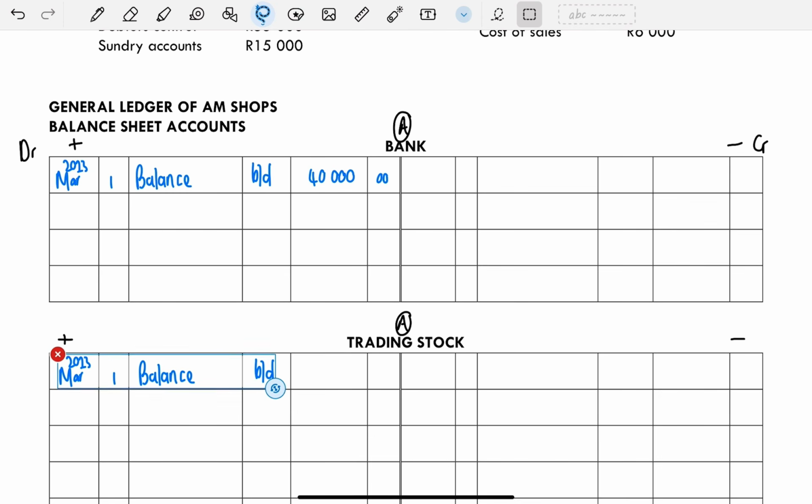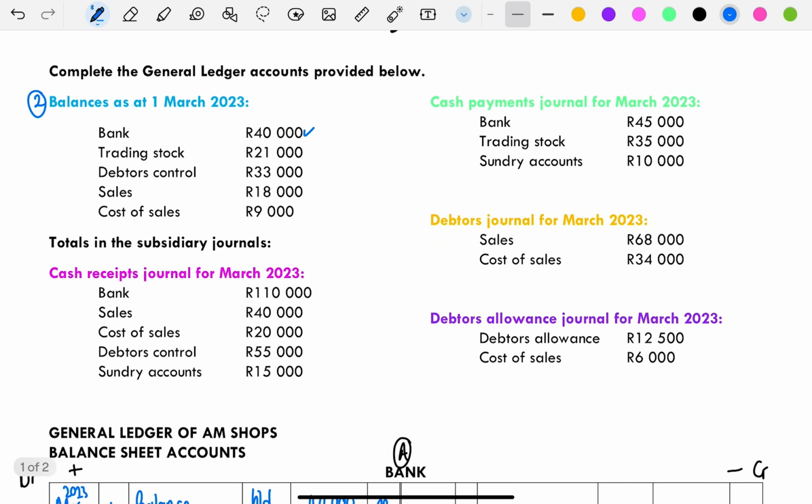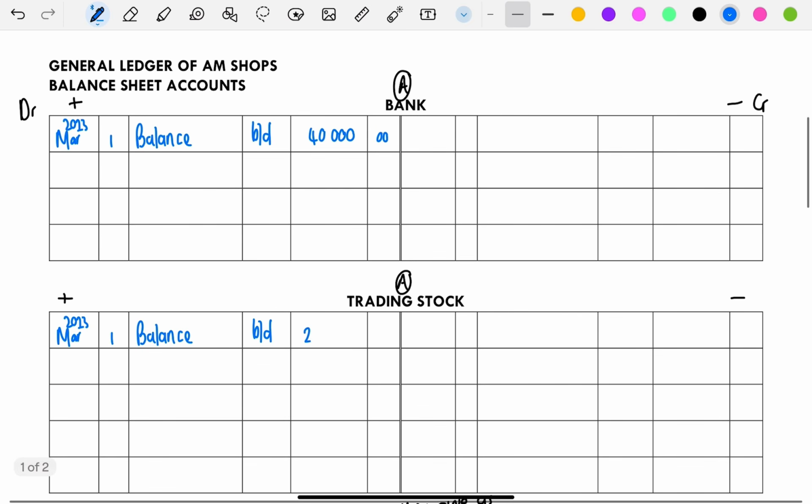It's never going to change. The month and the year will be given to you, but when you're entering an opening balance, you'll always write balance brought down. And for trading stock, they said we've got 21,000 Rand worth of stock at the beginning of the month. Right, so we want to always start with those balances.